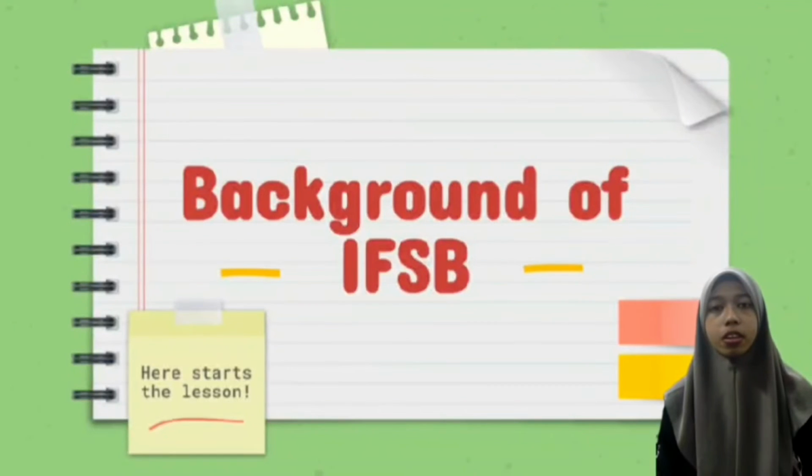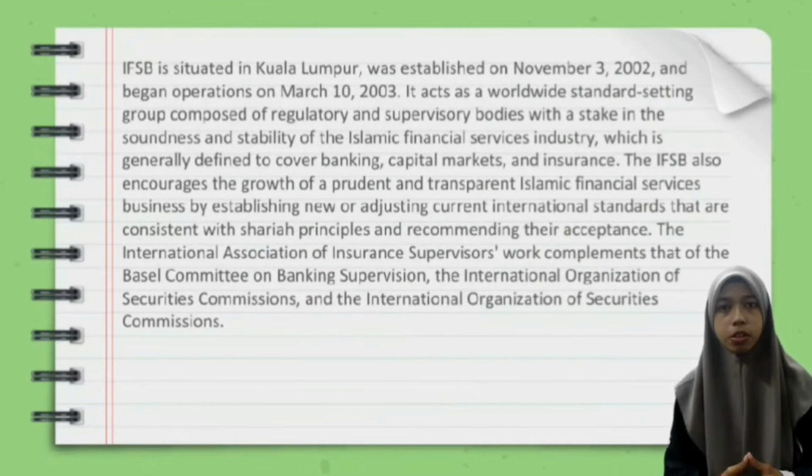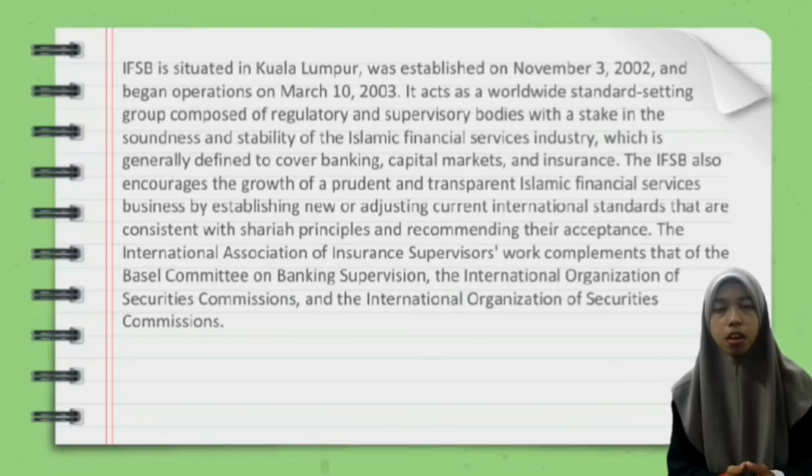I want to tell you about the background of IFSB. IFSB is situated in Kuala Lumpur, was established on November 3, 2002 and began operations on March 10, 2003. It is a worldwide standard setting group composed of regulatory and supervisory bodies with a stake in the soundness and stability of the Islamic financial service industry, which is generally defined to cover banking, capital markets, and insurance.